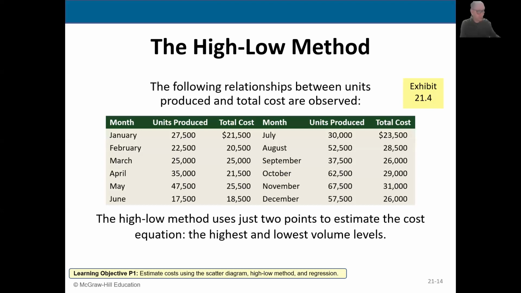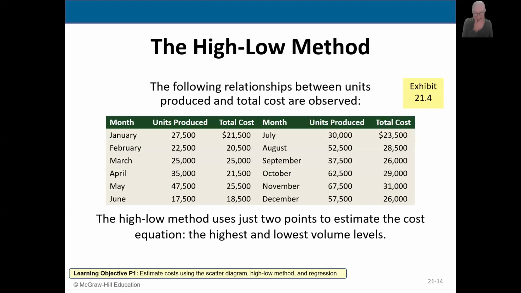which may not always be related to the highest and lowest costs. So who can tell me in the classroom today which month we have the highest units produced?